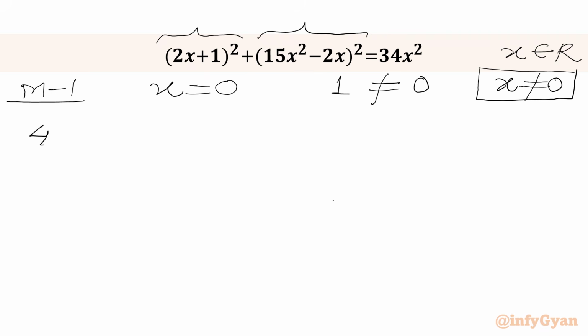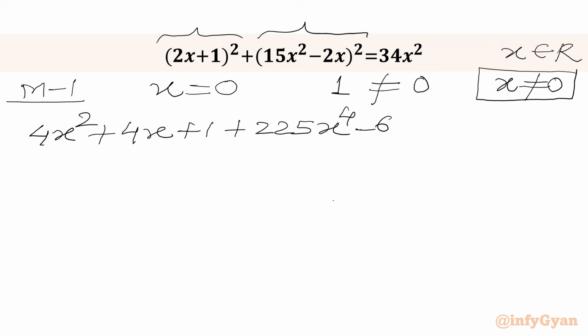We will get 4x² + 4x + 1 + 225x⁴ − 60x³ + 4x² equal to 34x². Now we will take all the terms to the LHS.